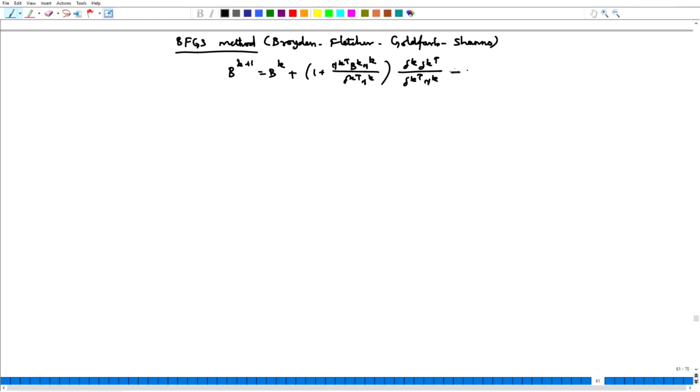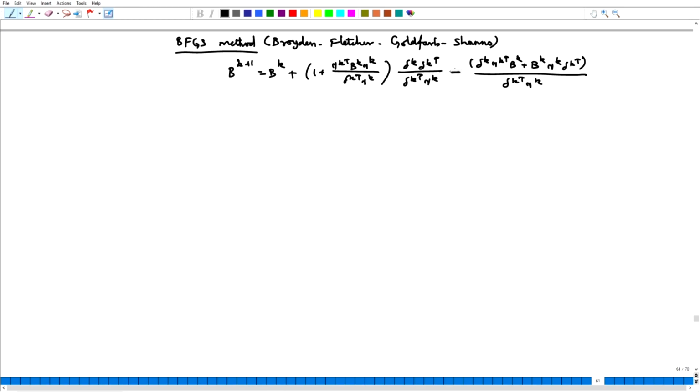Minus (delta_k gamma_k transpose B_k plus B_k gamma_k delta_k transpose) by delta_k transpose gamma_k. I am not deriving this since we have spent quite a bit of time on the DFP method.